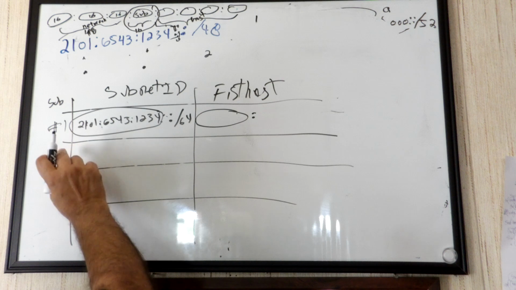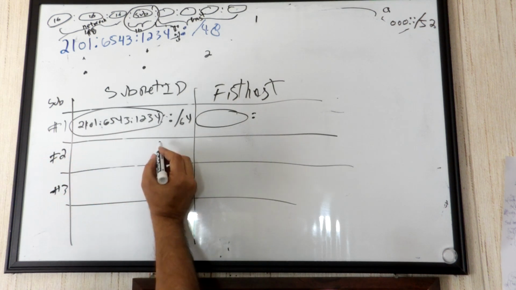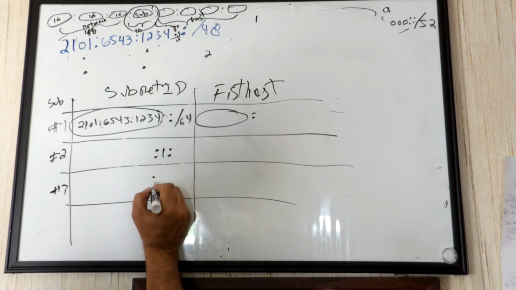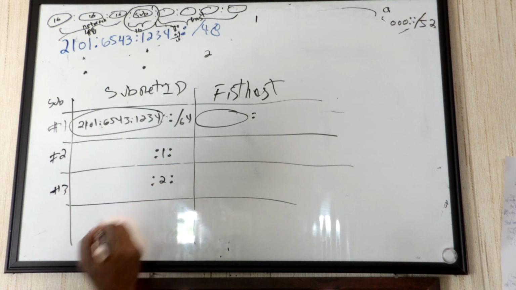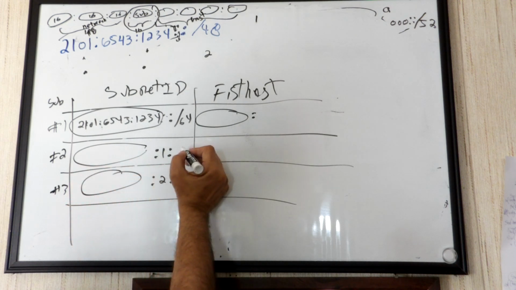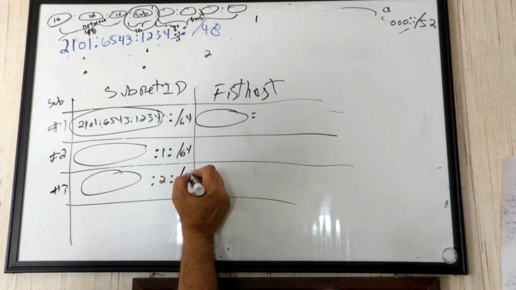Let me finish this one first. This is the subnet here. Subnet number 1, number 2, and these are the things behind it. This time we always write 64.